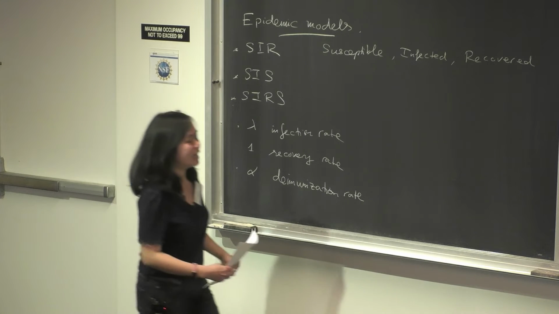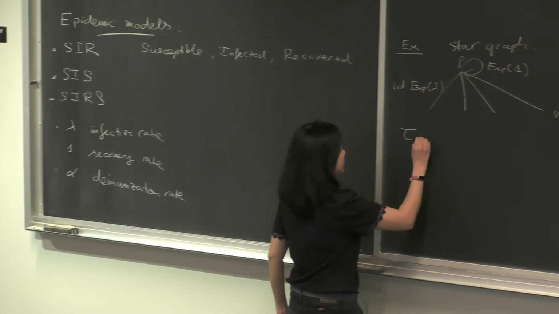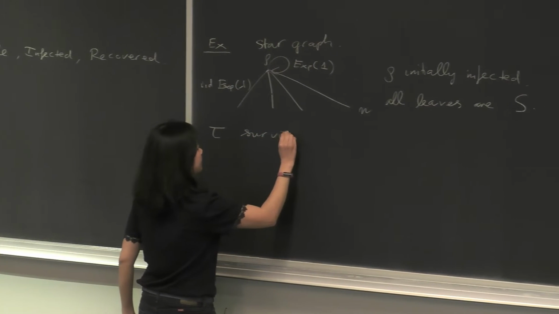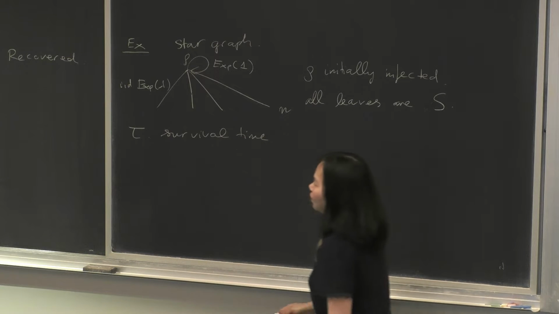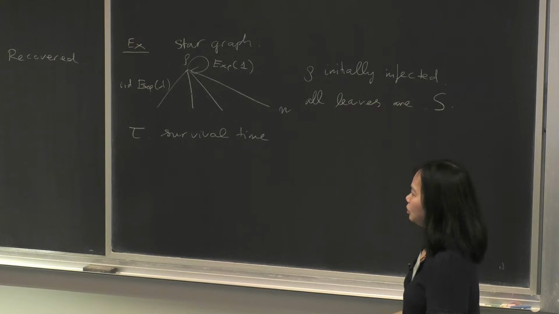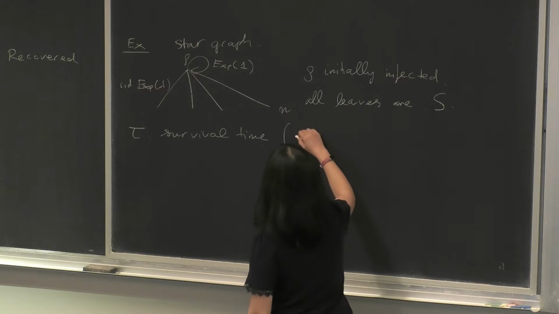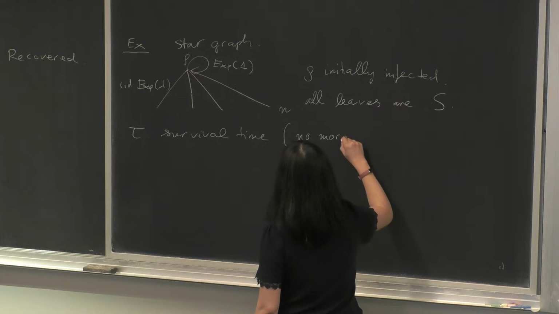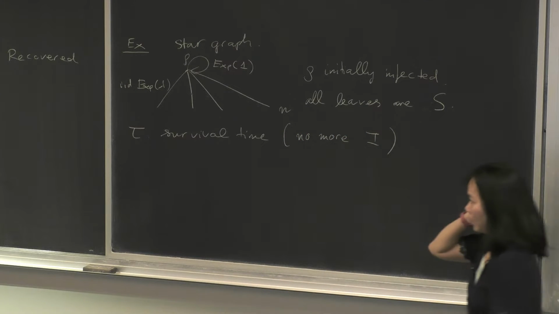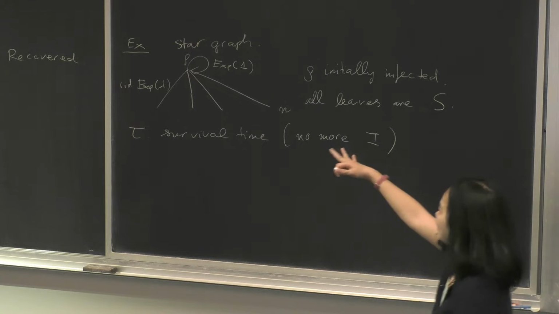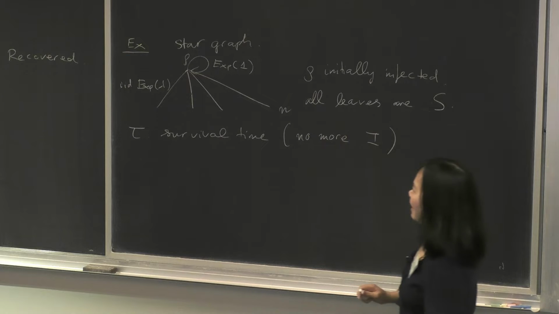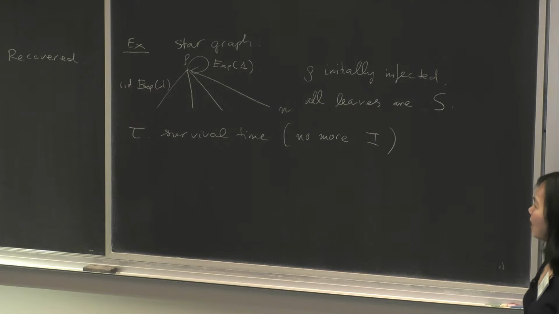And we call that the survival time, tau. It means the first time where there is no more I in the network.